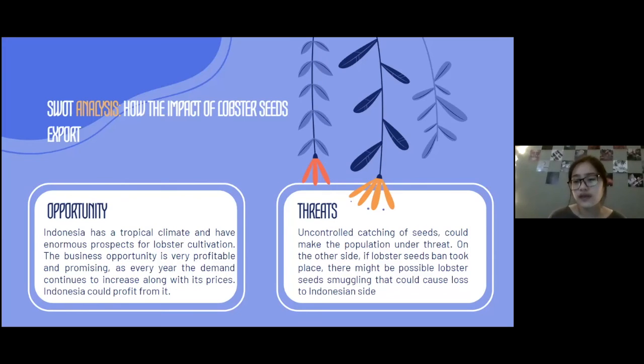And through illegal business, the smugglers reap trillions of rupiah in profits. Indonesia not only lost in terms of non-tax national income, but the stock of lobster resources in nature has also declined due to the uncontrolled hunting of these illegal smugglers. Therefore, it could become a threat to Indonesia.